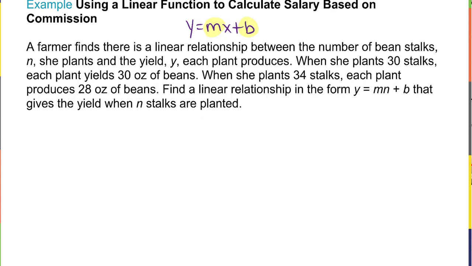They give us the point when she plants 30 stalks, it yields 30 ounces of beans.